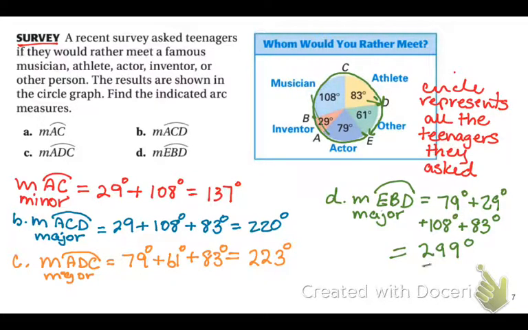So let's check. 10, carry 2, 6, carry 3, 60, 360 degrees, right. So we know that we did our calculations right, and 299 degrees is correct. Please feel free to watch this part again if you need to, and if not, we'll go on to the last slide.